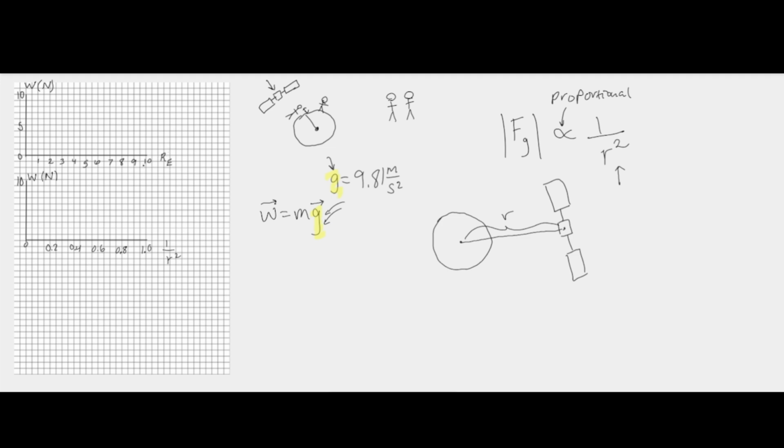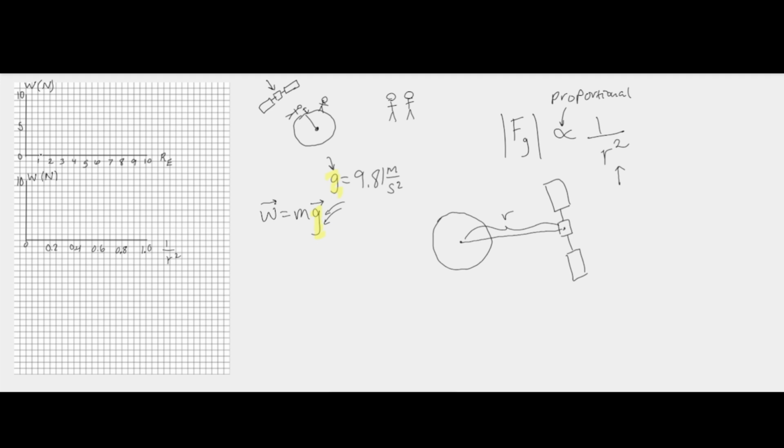So if we're at 1 Earth radius, where are we located? Well, if we're at 1 Earth radius, we're on the surface of the Earth, approximately. It's going to vary depending on whether you're on a mountaintop or at sea level, but generally you're going to be at 1 Earth radius.